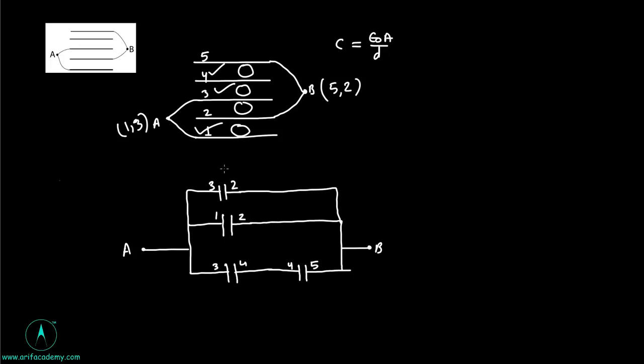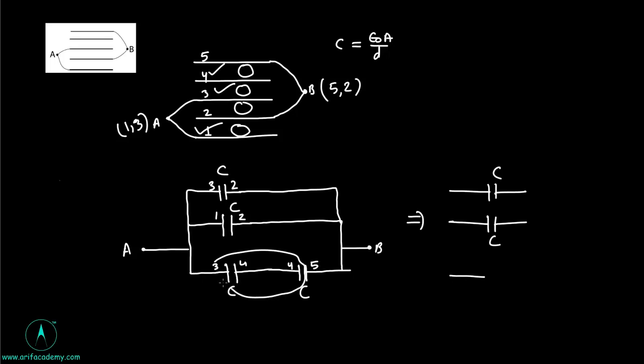So their capacitance is C. These two are in series, and we have 3 branches in parallel, so we can write this like C, and their equivalent will be C by 2.